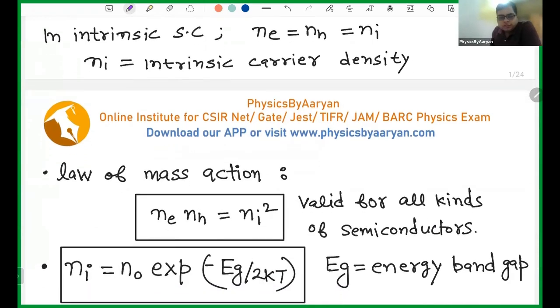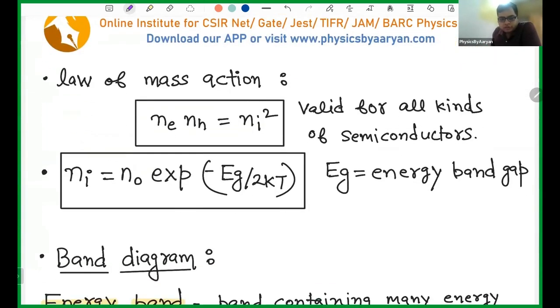Now, coming to the law of mass action. There is a law of mass action which has a very sophisticated proof, and it is greatly respected in the semiconductor field. This law says that the number of electrons per unit volume, from now on small n, means the number of electrons per unit volume.